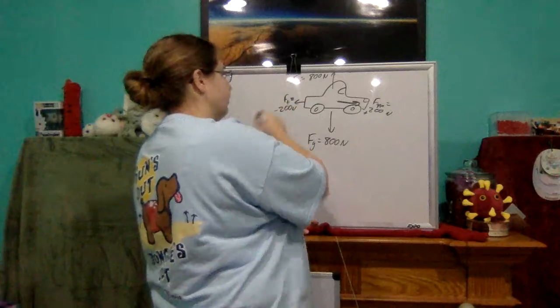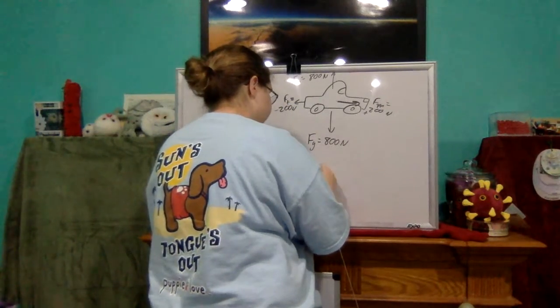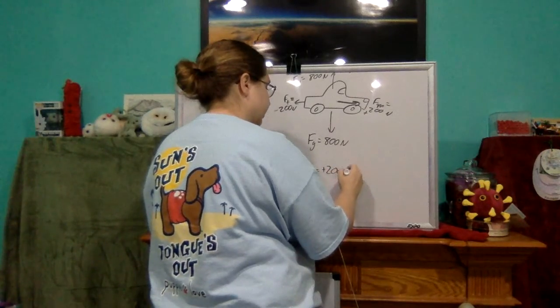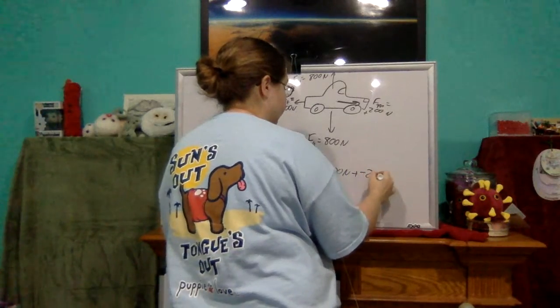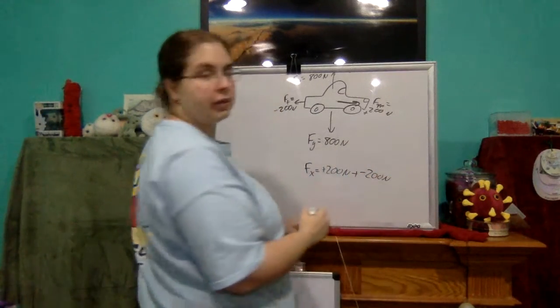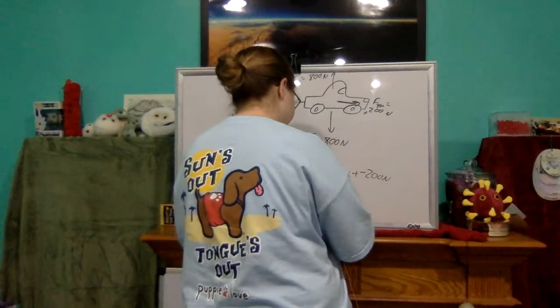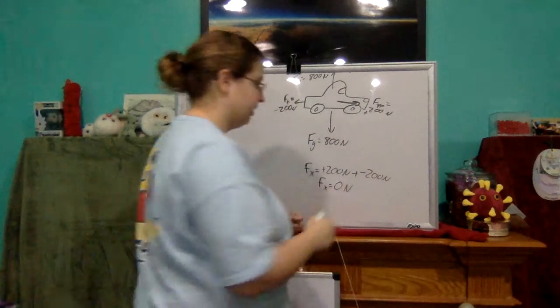This one's going to be negative because it's going to the left. So force in the x direction would be positive 200 newtons for the applied force plus negative 200 newtons for the frictional force, and we end up with the force in the x direction is 0 newtons.